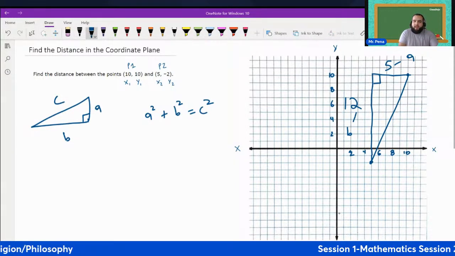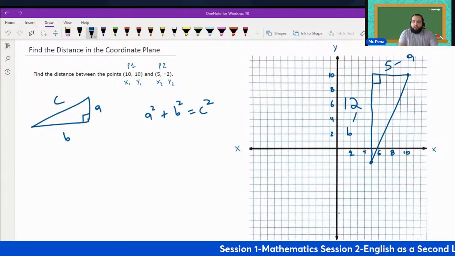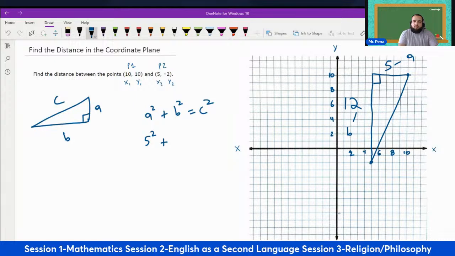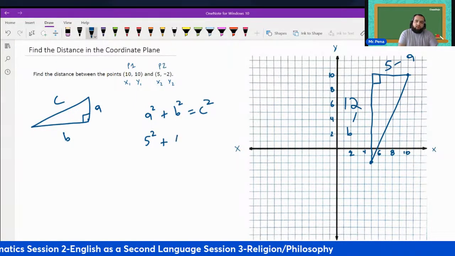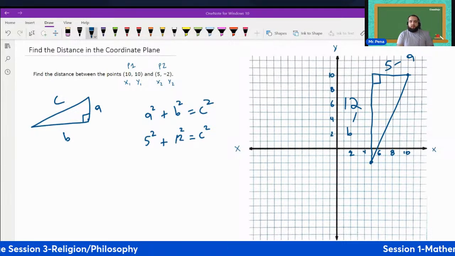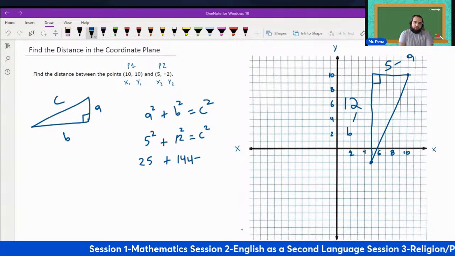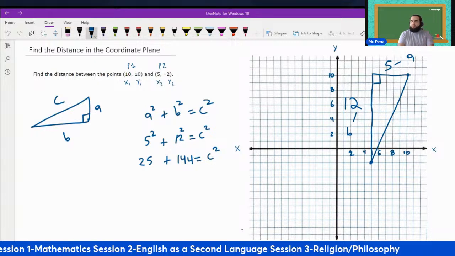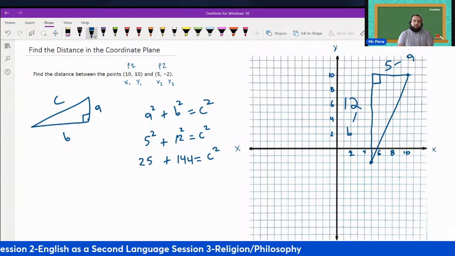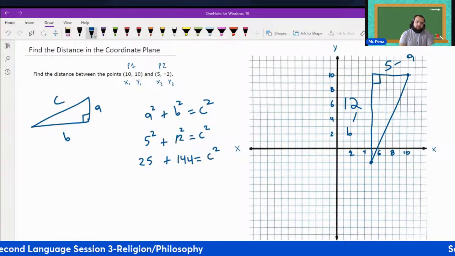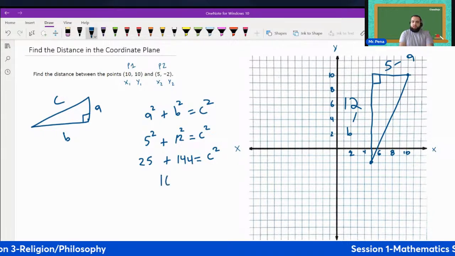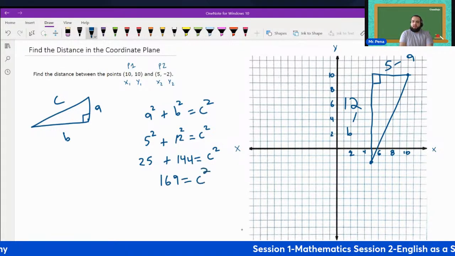We already said that our A is 5 squared. So 5 squared plus 12 squared, which is our B, equals C squared. So far, so good. Now we have 5 times 5, which is 25, 12 times 12, which is 144, equals C squared. And we simply add 144 plus 25, which is 169, equals C squared.